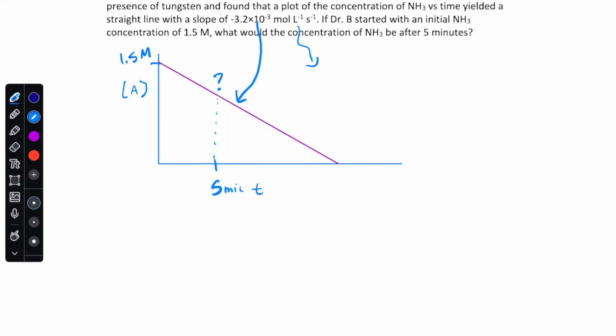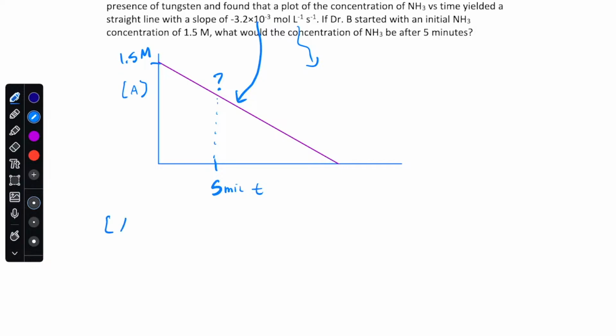The other one is that if you have a straight line with concentration versus time, it's got to be zero order. So this is a zero order reaction. Like most enzymatic reactions in your body are zero order. So we have to pick the integrated rate law here that matches. And so that looks like this.